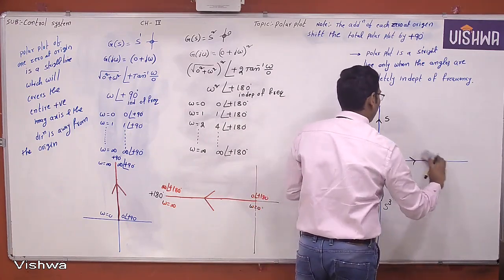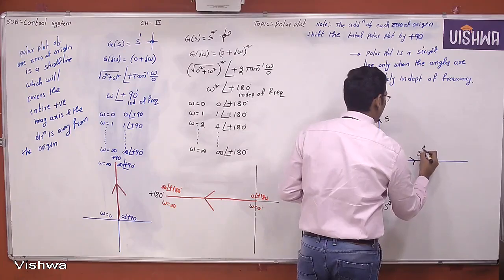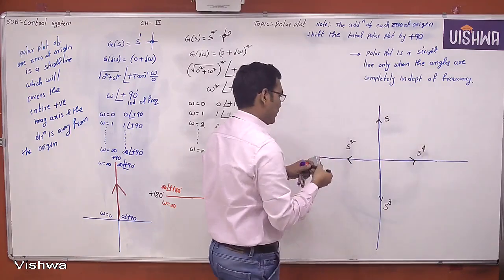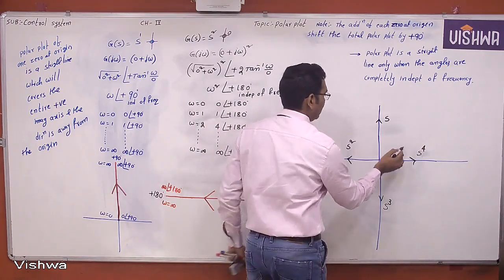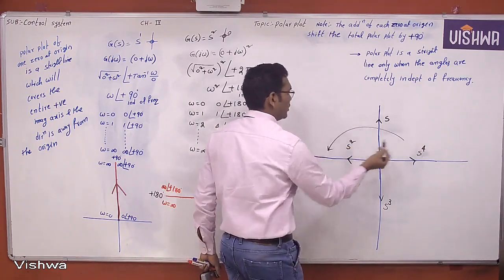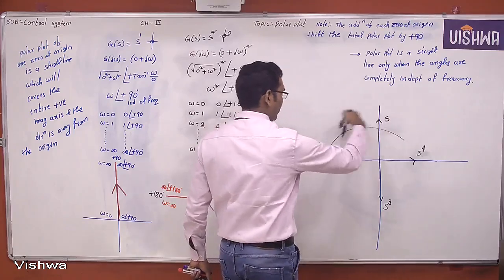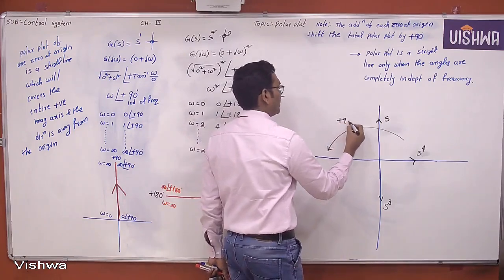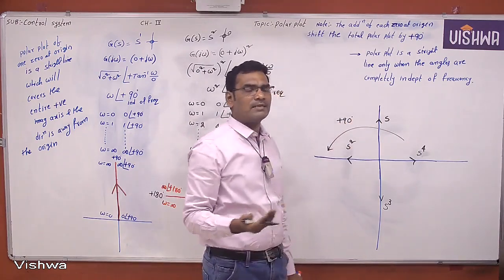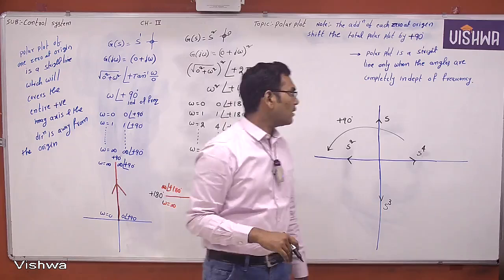What is the meaning of that? The addition of each zero at origin, see the difference previously and here, shifts the total polar plot in which direction? Anti-clockwise direction. By how much? Plus 90 degrees. Plus means anti-clockwise, minus means clockwise direction.